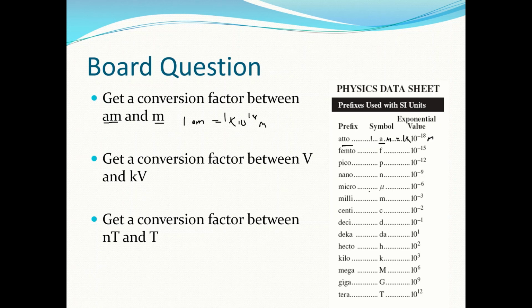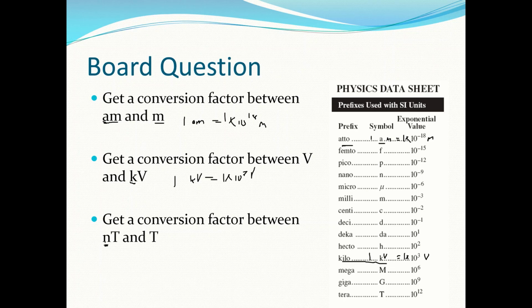Volts and kilovolts. Okay, fine. Oh, there's kilo right there. So 1 kilovolt equals 1 times 10 to the 3 volts. 1 kilovolt equals 1 times 10 to the 3 volts. Nano, Tesla, and Tesla. It doesn't matter the order that I give it in, right? I gave the prefix first with this one, I gave the prefix second with this one, I gave the prefix first with this one.